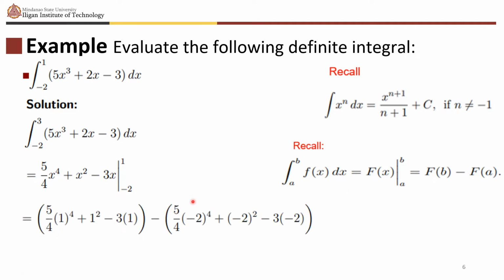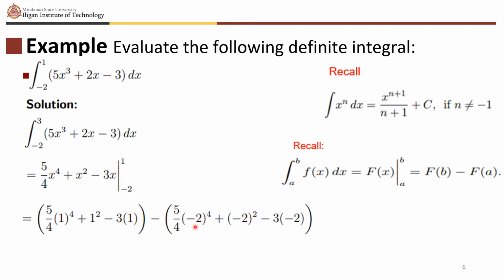So that when we substitute, we now have 5 over 4, our x is replaced by this time the upper limit, which is 1 raised to the 4th plus 1 squared. Then you have minus 3 times 1, okay, minus, from here, you have minus f of a, so the lower limit there, which is negative 2.